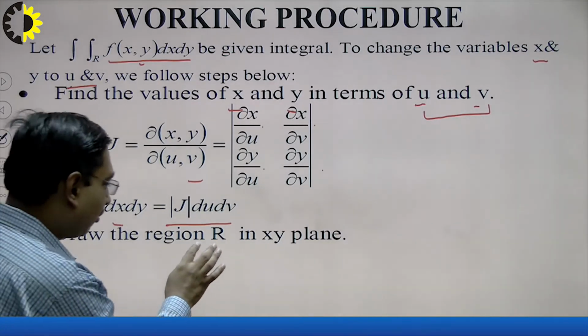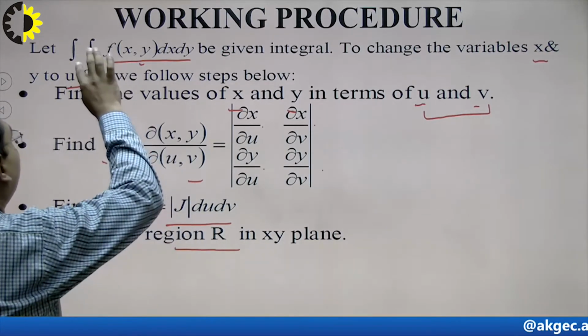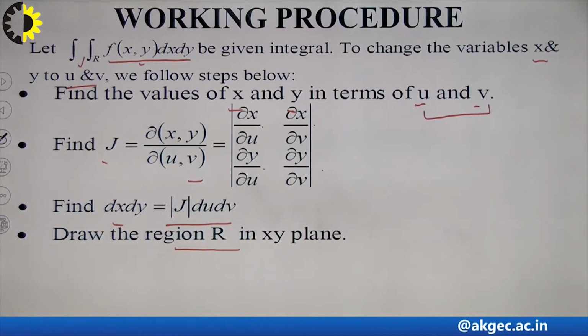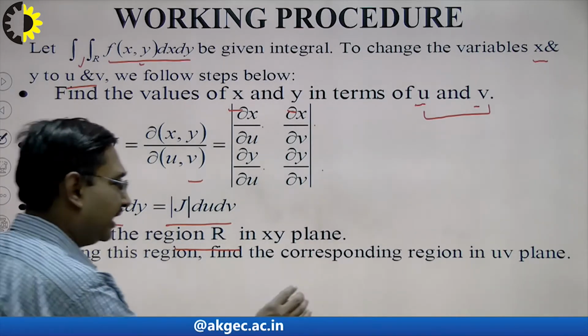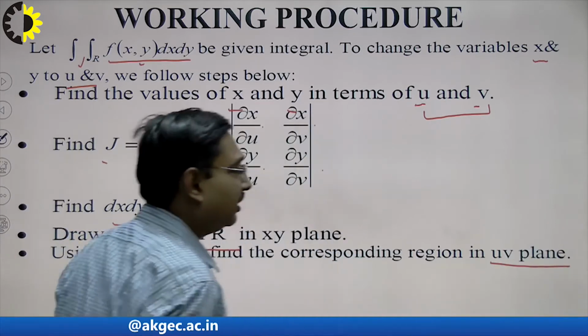Now we shall draw region R corresponding to the given integral in the xy plane. With the help of the boundaries of this region and other considerations, we shall find the corresponding region in the uv plane.